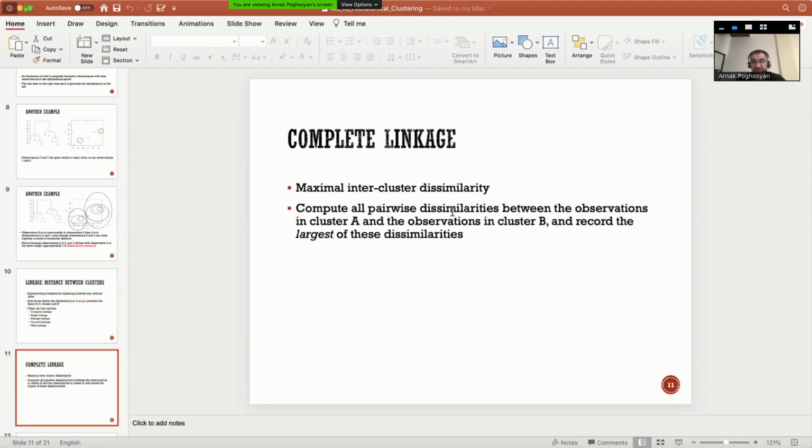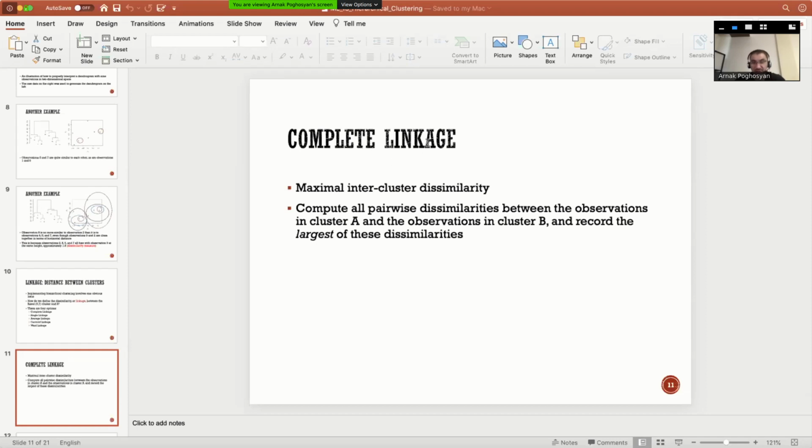So you have cluster 1, you have cluster 2, cluster A or cluster B. Within each cluster you have some points. So you are picking these points and calculating all possible distances of the observations from A to B, and record the largest of these dissimilarities. That is why here we have maximal intercluster dissimilarity.